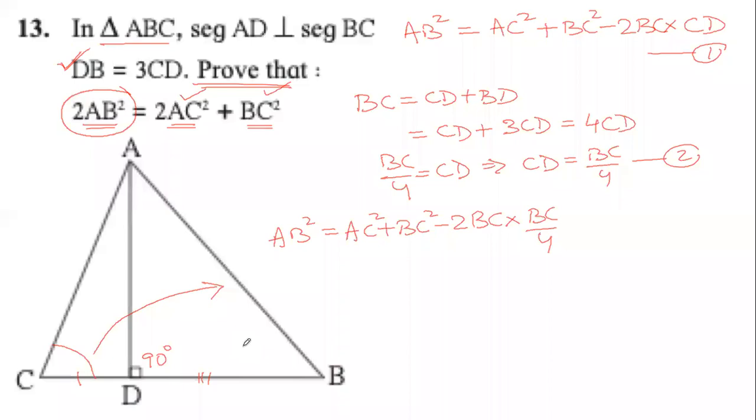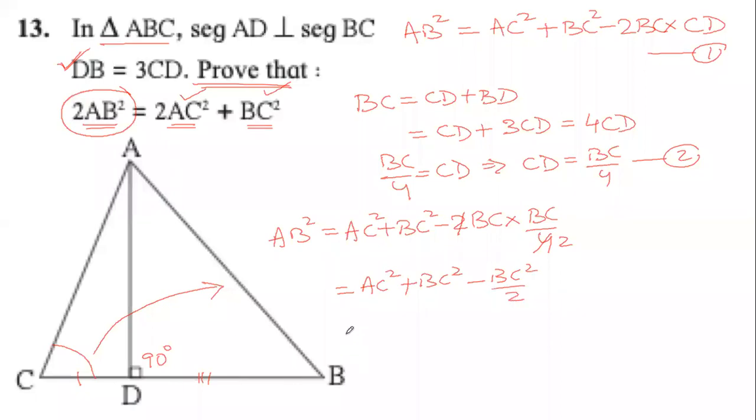Substituting CD equals BC by 4 in equation 1. Now 2 divided by 4 is 1 by 2.